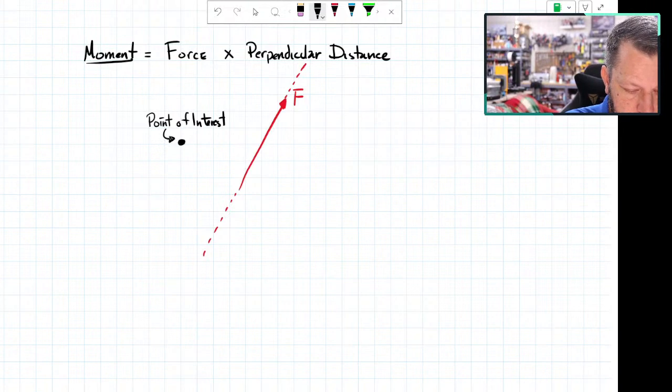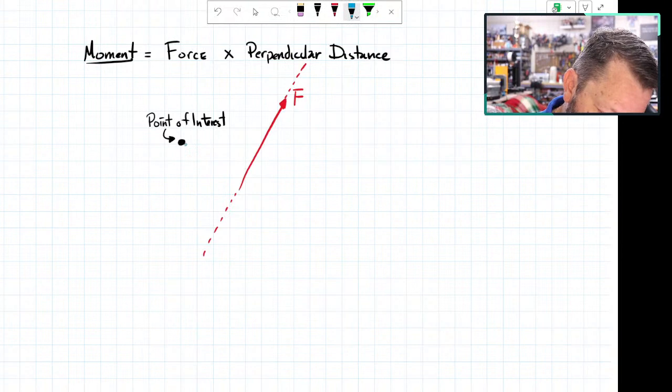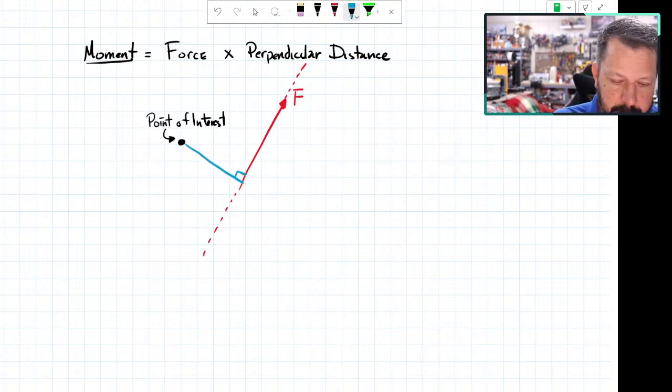Over here, and there's my line of action. That right angle, that's the distance.